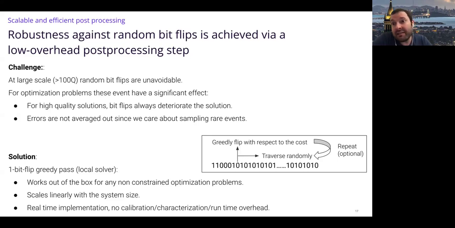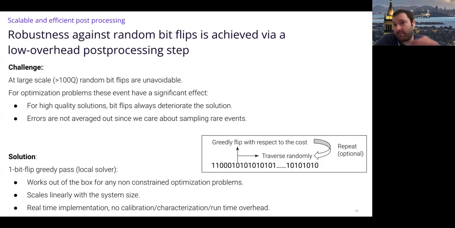Now, of course, in this case, imagine that we truly generated the right bit string, but accidentally three of the 100-something bits that we have were randomly flipped in a very uncorrelated way. This post-processing pass is likely to correct that.